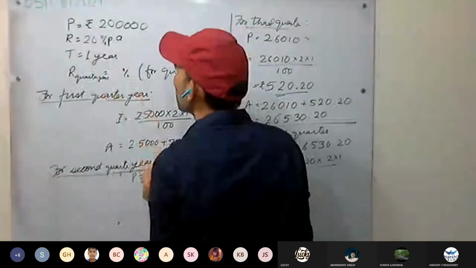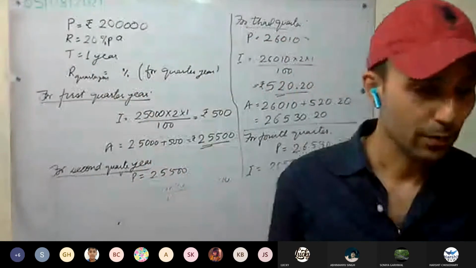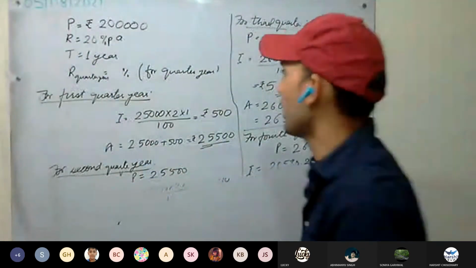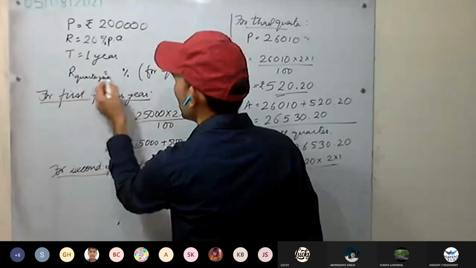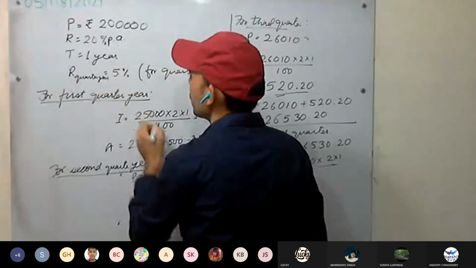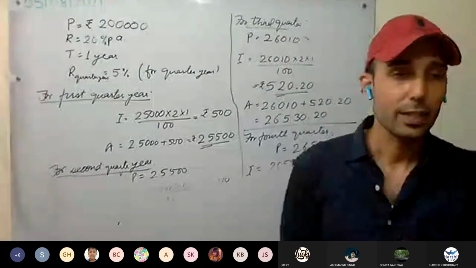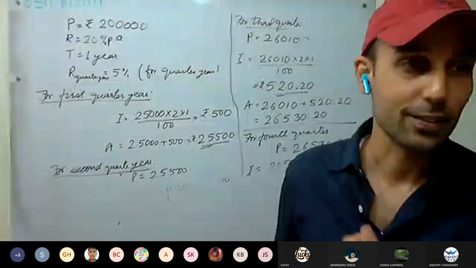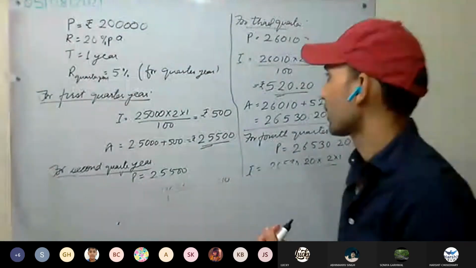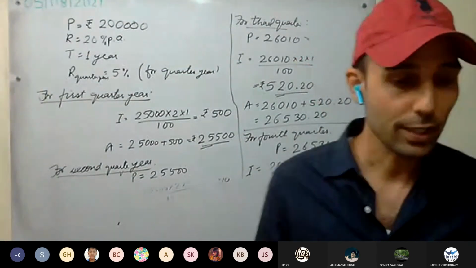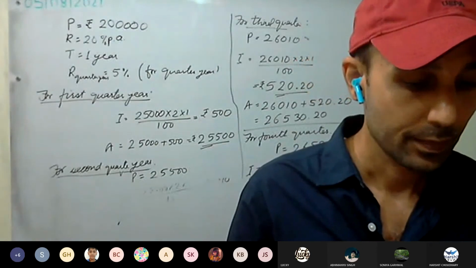The credit company is taking so much money from the customers. 20% per annum, and that is even compounded quarterly. So the quarterly rate is how much? 20 divided by 4, 5%. That means every 3 months you are going to pay 5% as interest. That's huge money. So you can do this question as homework.